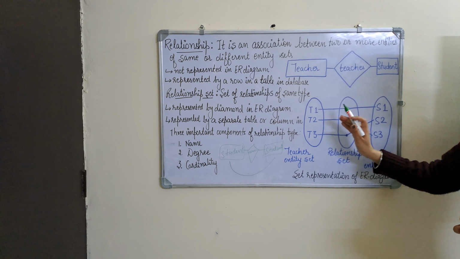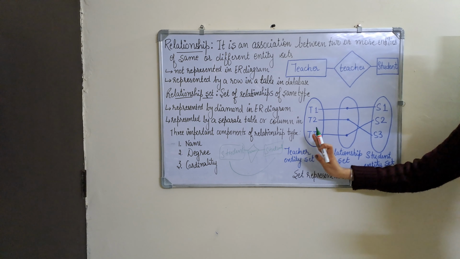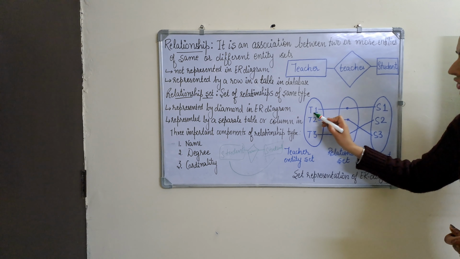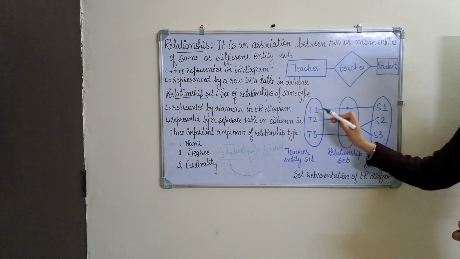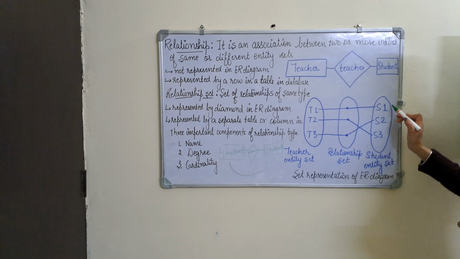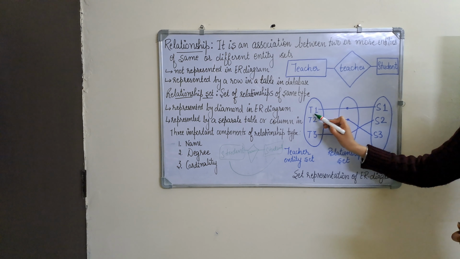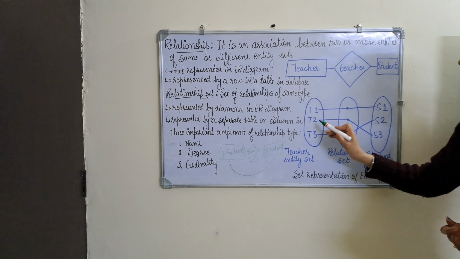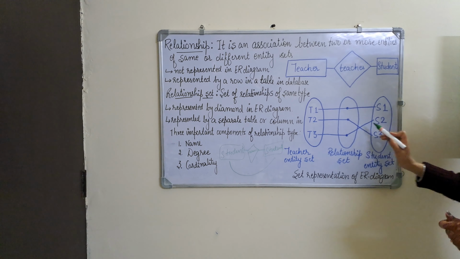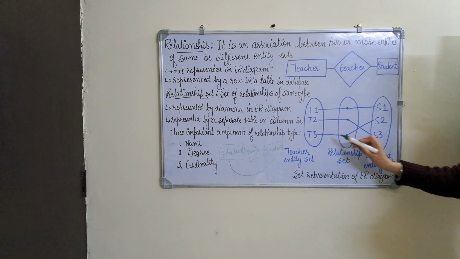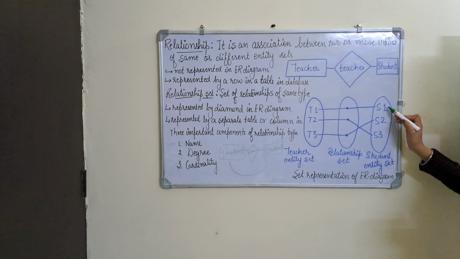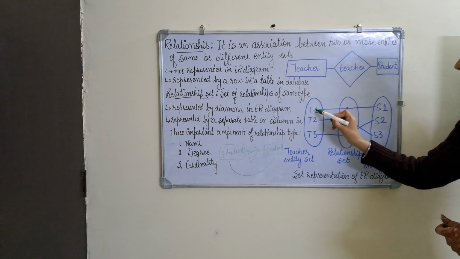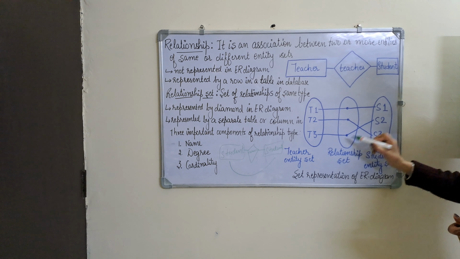Now there is a relation among these two entity sets where teacher 1, the entity, is teaching student 1. So there is a relation from teacher 1 to student 1, and then there is a relation from teacher 2 to student 3. Then there is a relationship from teacher 3 to student 1. So there are multiple relations over here.